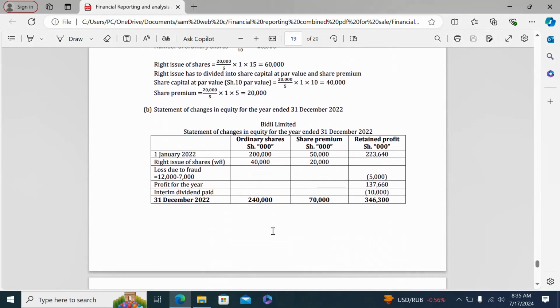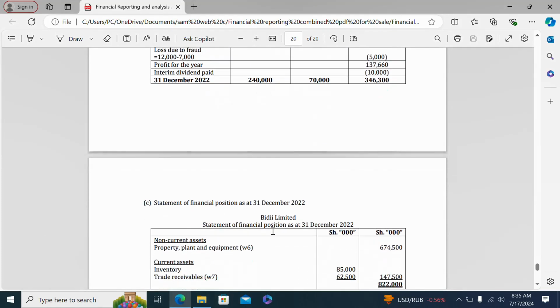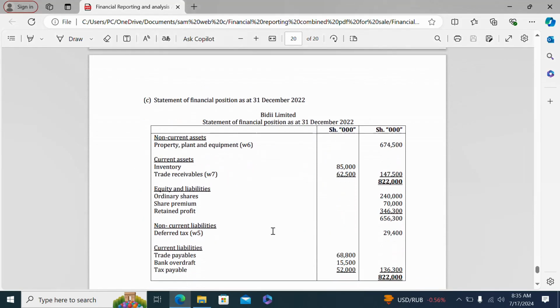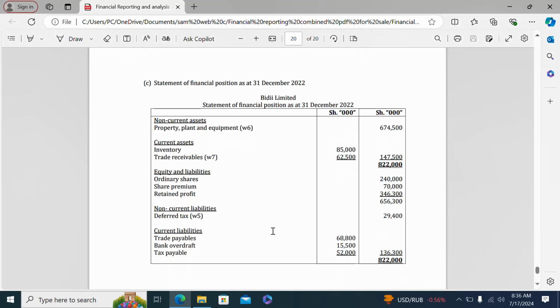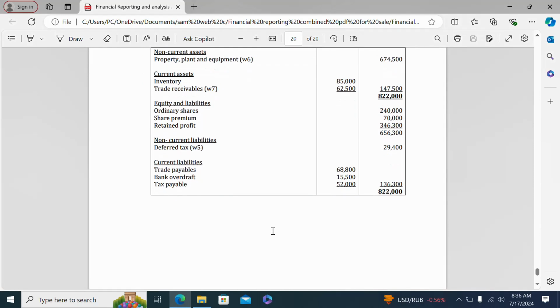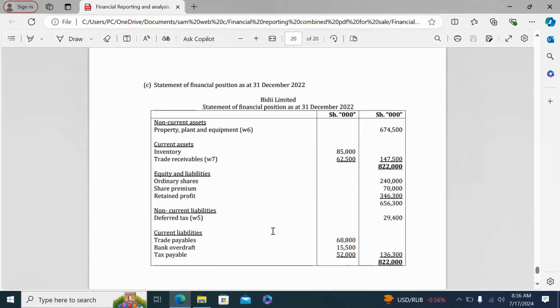Then we have the statement of changes in equity, and then C, statement of financial position of BD Limited as at 1st December 2022. So that is it. Those were the questions that were tested and the suggested answers.